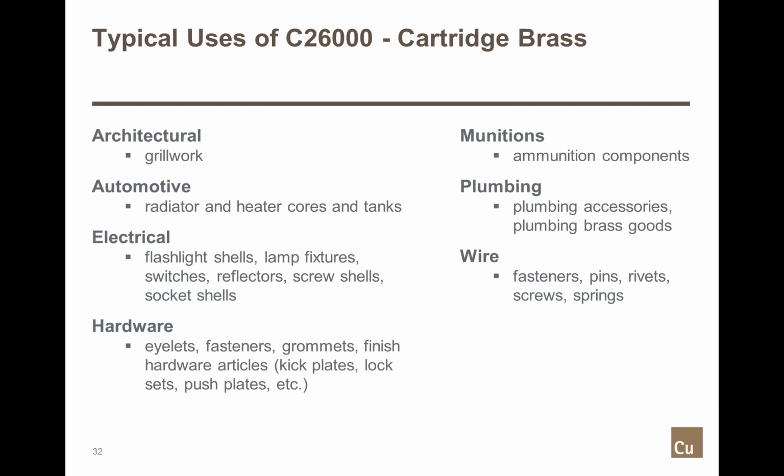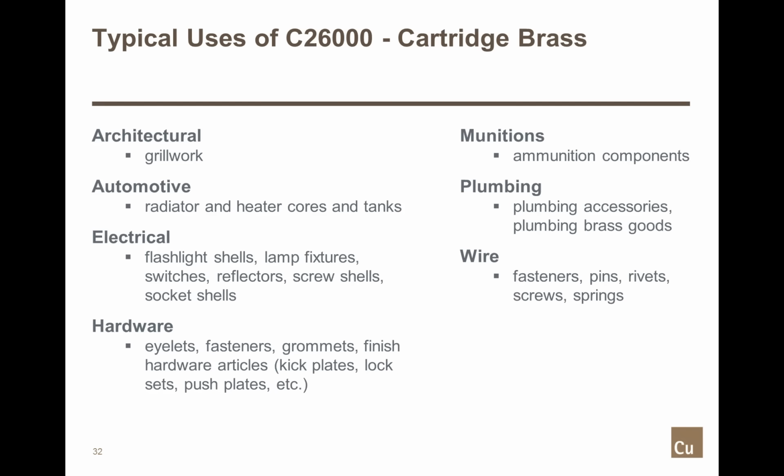Alloy 260, cartridge brass. All kinds of architectural uses, radiator uses, lots of flashlights and so forth were made out of those materials in the past. Plumbing goods, fasteners, screws, eyelet parts.